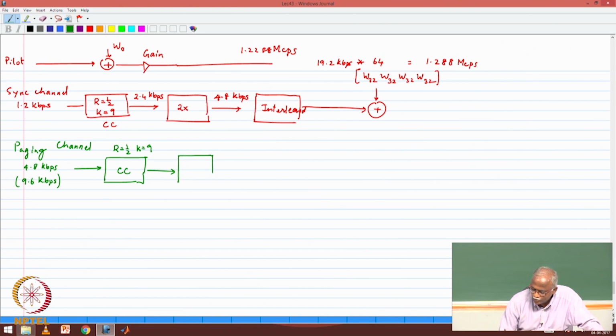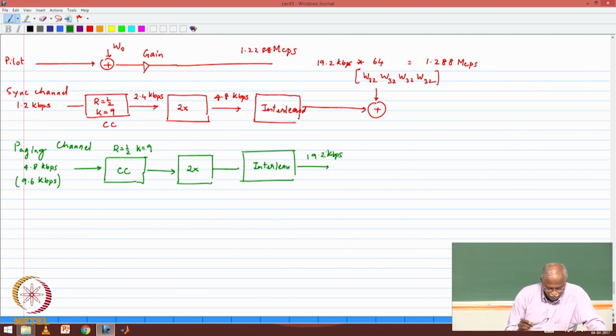You do a 2x repeat, then it becomes 19.2 kilobits per second. Then you interleave, and this is at 19.2 kbps. Of course, at this point we are going to multiply with the spreading code, which is W1.